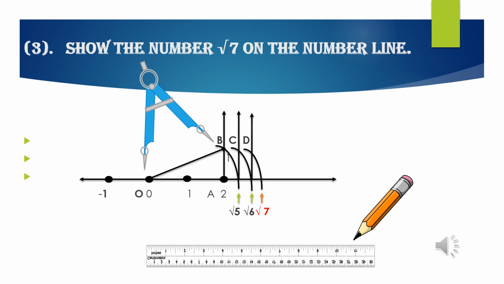And the same step will be repeated by taking point D at unit distance, and the arc drawn by taking span OD will give you number root 7 which we want to represent on the number line.